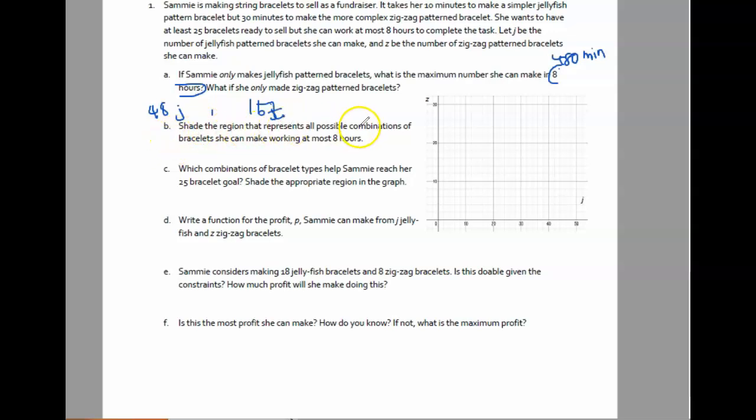Shade a region that represents all possible combinations of bracelets that she can make working at most 8 hours. Right, give me 1 second. Working at most 8 hours.